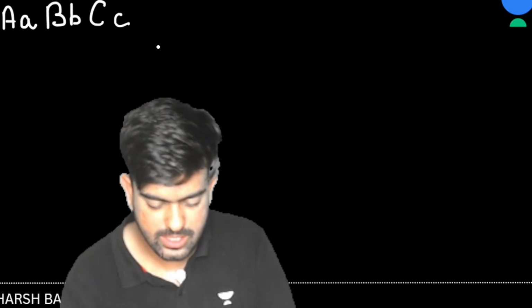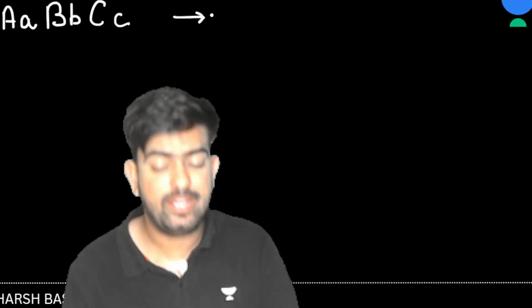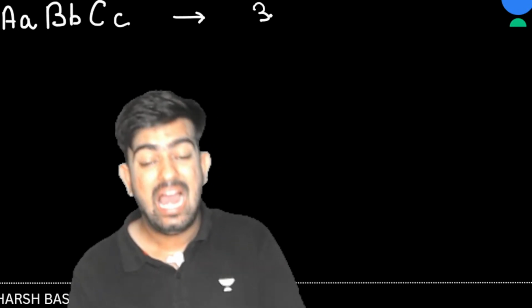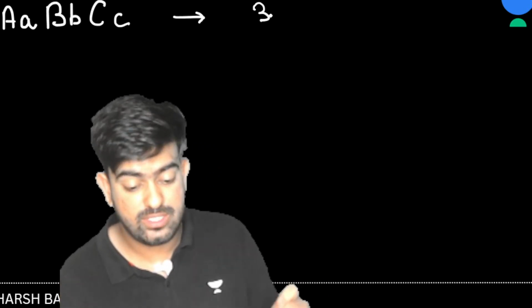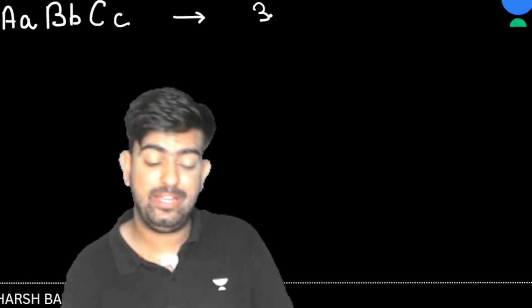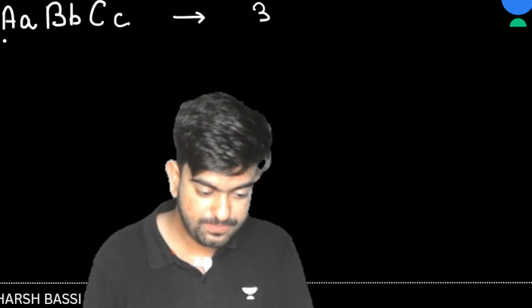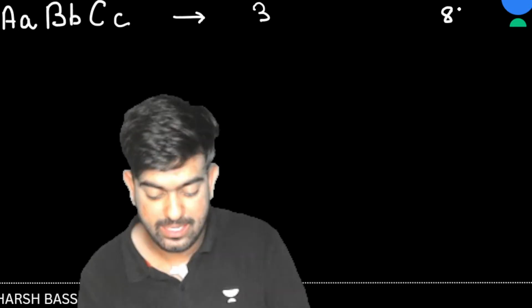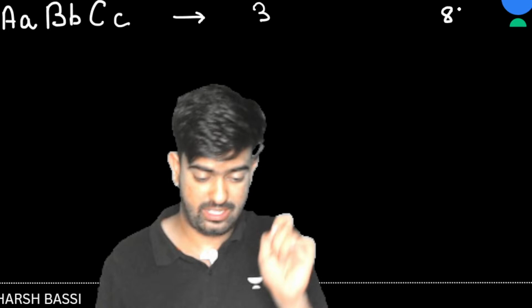How many heterozygous pairs do we have? We have three heterozygous pairs. If you have three heterozygous pairs, you are going to have 8 types of gametes. Clear to everyone?